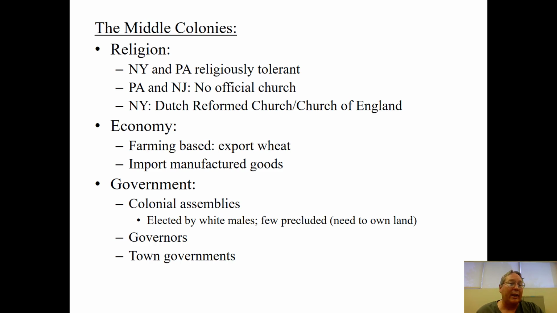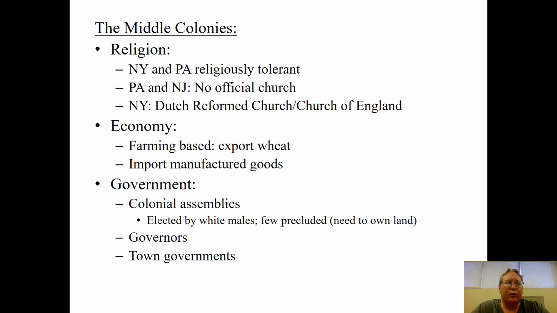Places like New Jersey and Pennsylvania will not have official churches, which means you don't have to pay taxes. You pay individually to your church if you want to support it. That's entirely up to you. So you can see religion's very curious here in the middle colonies. It's very individual. No particular colony has a monopoly on religion, if you will.